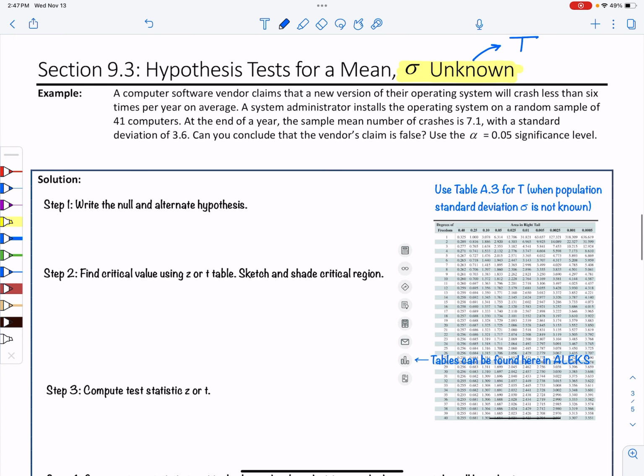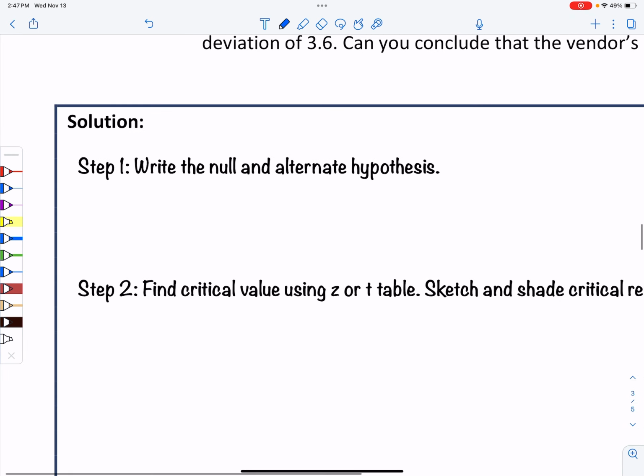All right, so first thing we're going to do, read through our problem, write down all of our information, and label our null hypothesis and our alternate hypothesis. Okay, both of these are going to involve statements about the mean, mu, and we know the null hypothesis is going to have equality.